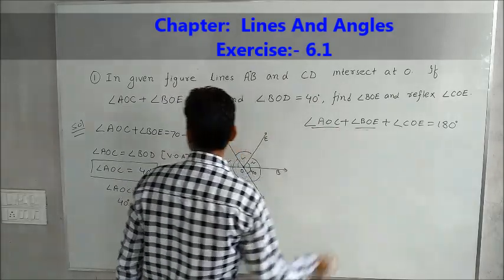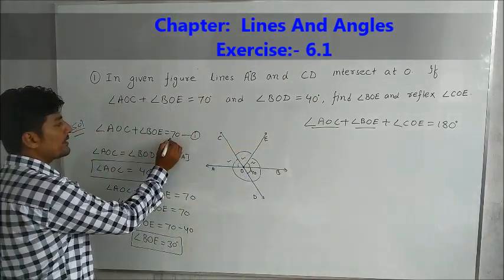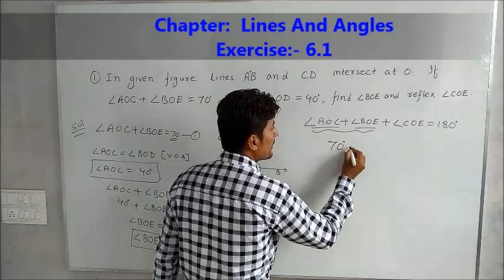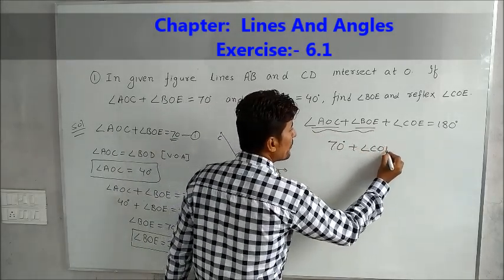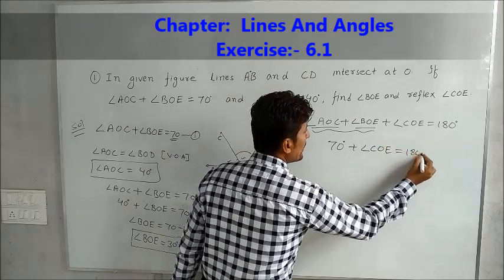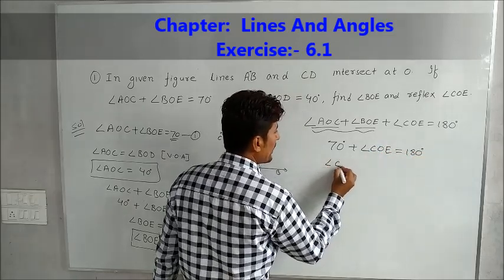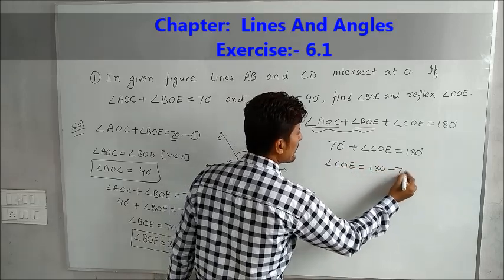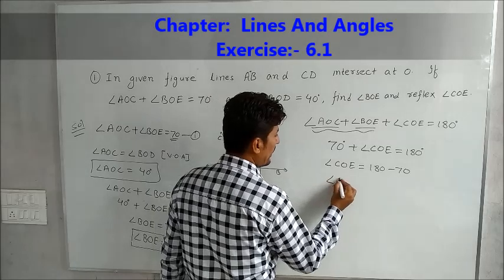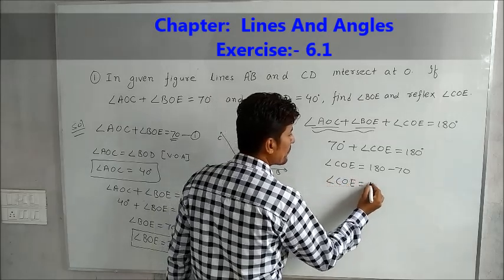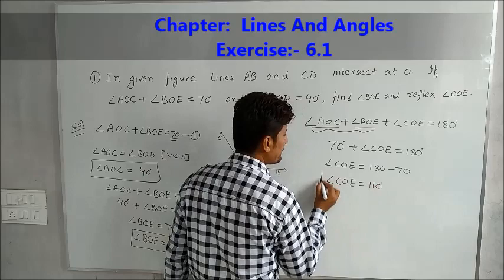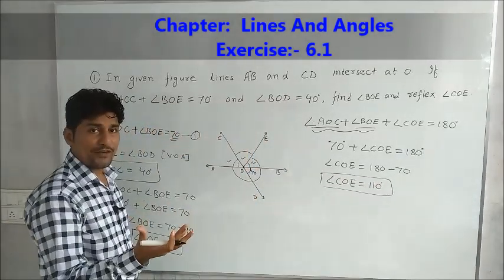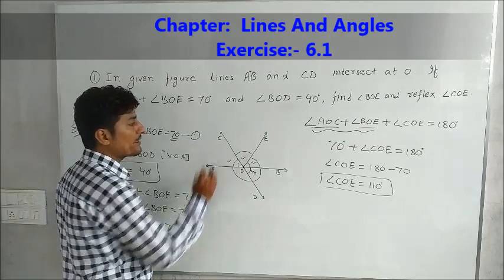Angle AOC plus angle BOE is already given as 70 degrees. So in place of these two angles, we write 70 degrees plus angle COE equals 180 degrees. So angle COE equals 180 degrees minus 70 degrees, which is 110 degrees.